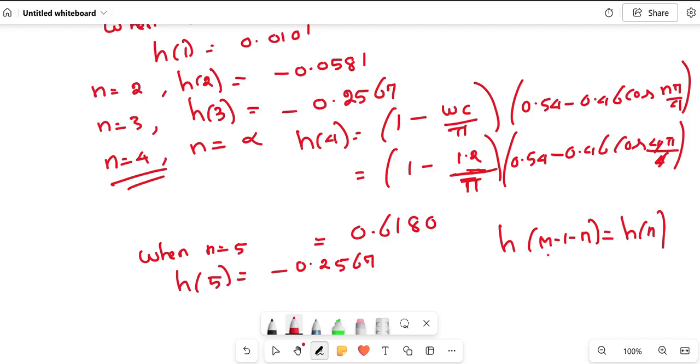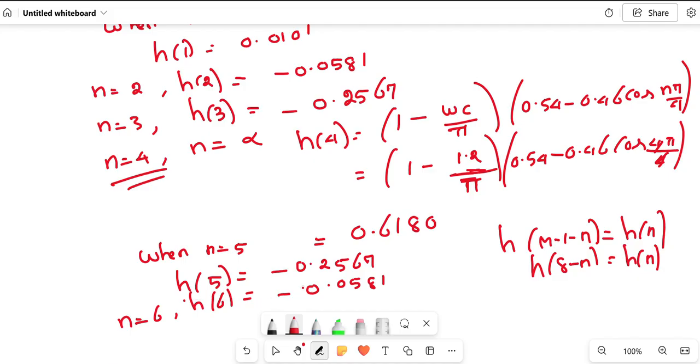Here it is 9 minus 1, 8 minus n, is equal to h of n. N is equal to 5 means the h of 3 value. Similarly, n is equal to 6, h of 6 will be h of 2, so it will be minus 0.0581.